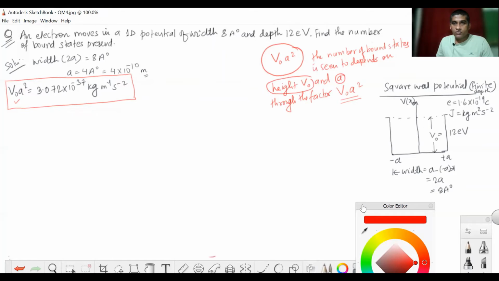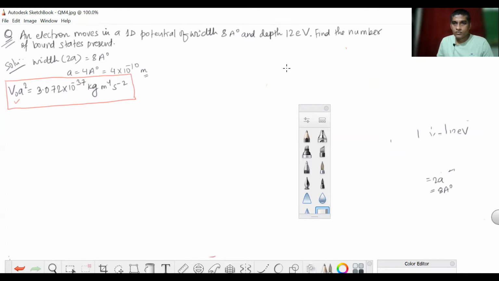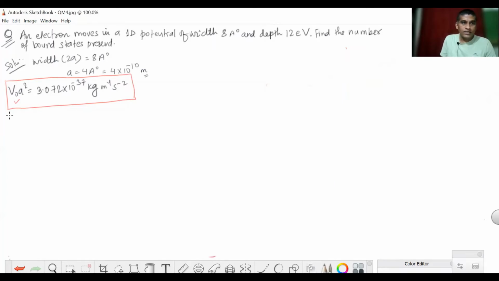Now, let n be the number of bound states. We have a finite potential well, and for a finite potential well we get a finite number of bound states. This is to be noted.